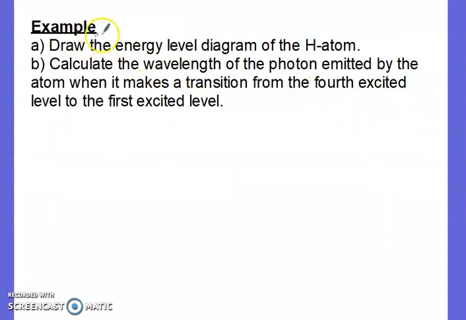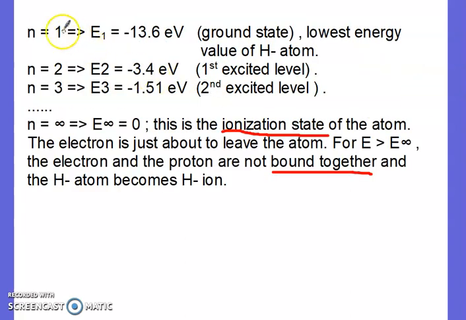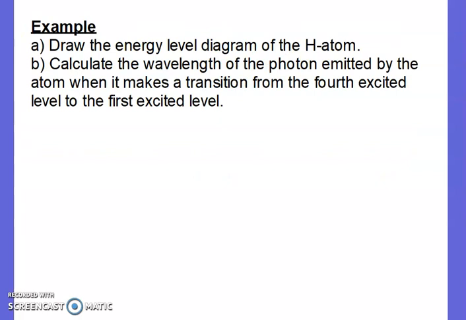Let's go to a practical example. In this example, draw the energy level diagram of the hydrogen atom. It means you have the set of values, n equal 1, this energy, this energy, this energy. How do we represent a graph for this energy corresponding to n? Usually in atomic physics, we use this diagram.